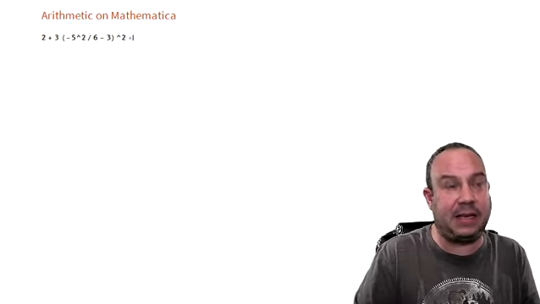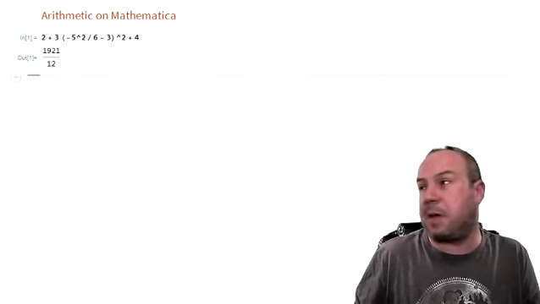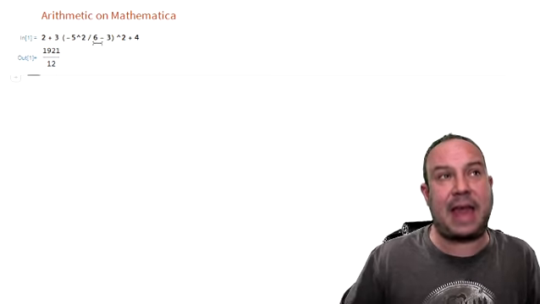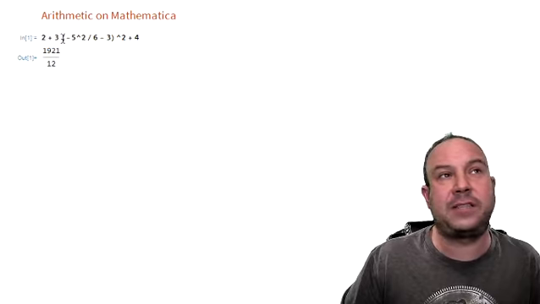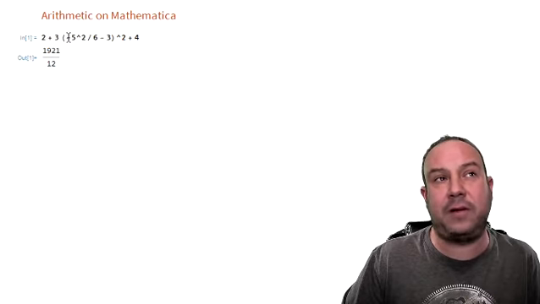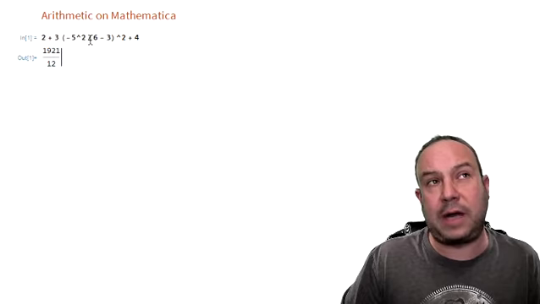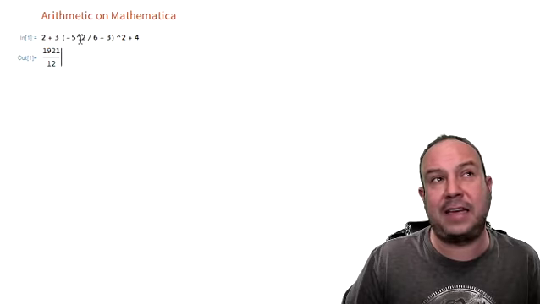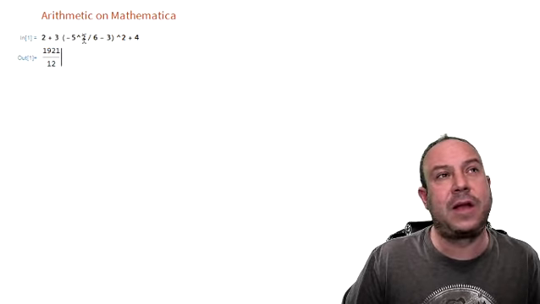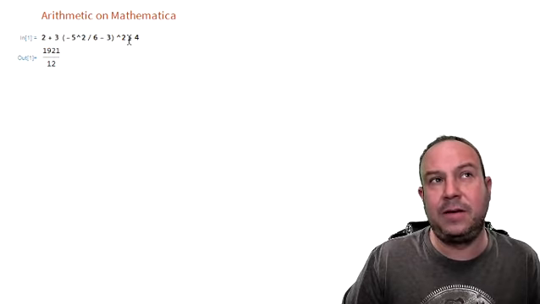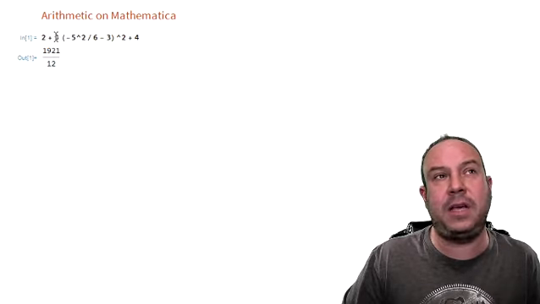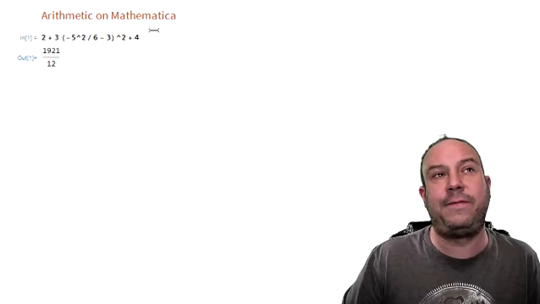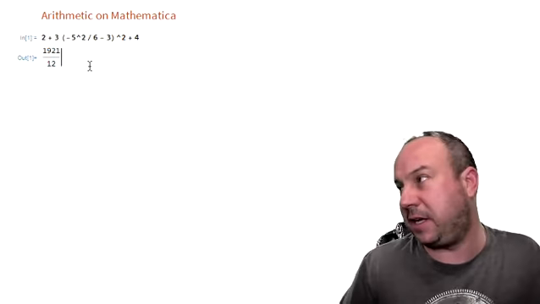Mathematica will calculate that value for us as a fraction, right? This is 2 plus 3 times the quantity negative 5 squared, with the 5 being squared, not the negative, but that is going to be divided by 3 squared. That's where the fractional form comes from. And then all multiplied by 3, added to 2, and 4 will give us our end result seen here.